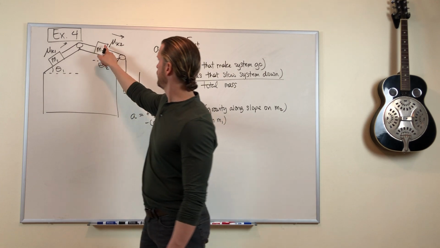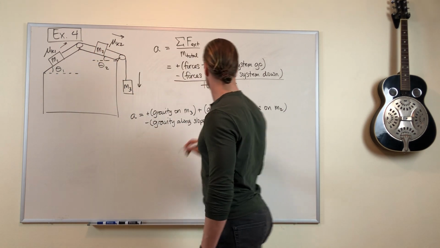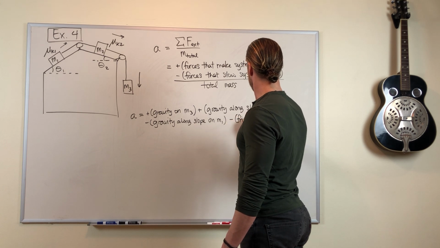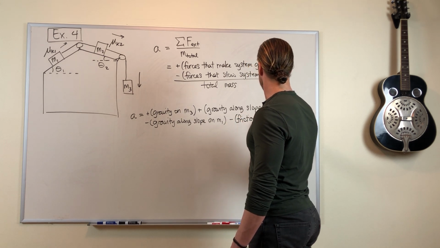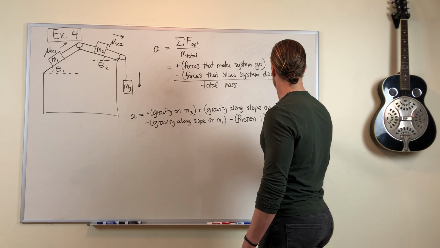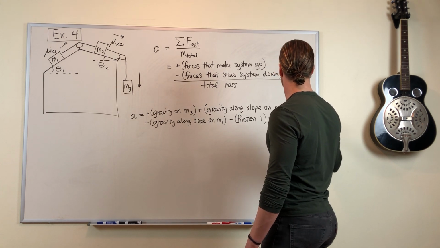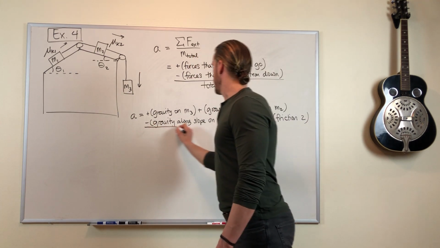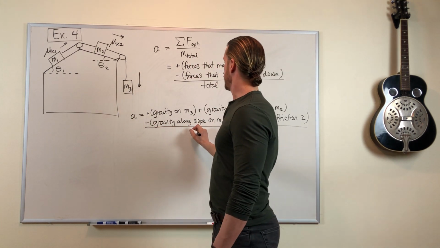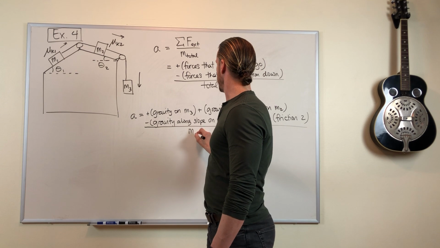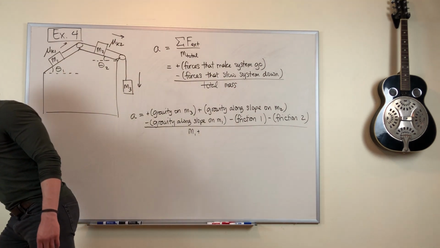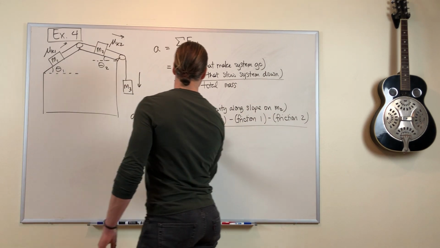And we also have these 2 friction forces. Divided by the total mass, which is m1 plus, actually let me write that in words first. We'll do symbols in the next step.